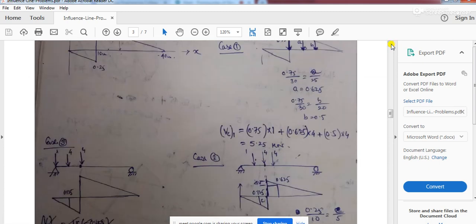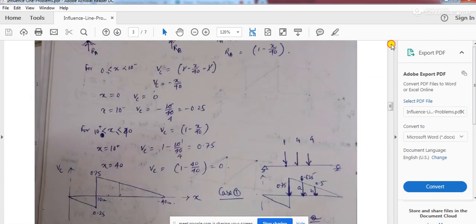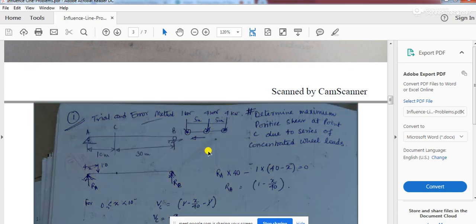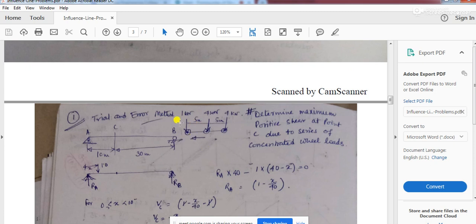See this problem number 1, the trial and error method. There is another problem. There is a beam which is 40 meter in length, and there are three loads. The front load is 1 kilonewton, the next two loads are 4 kilonewton and 4 kilonewton. They are separated by a distance of 5 meter.